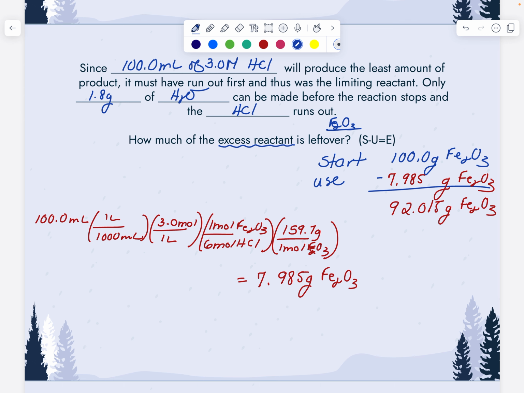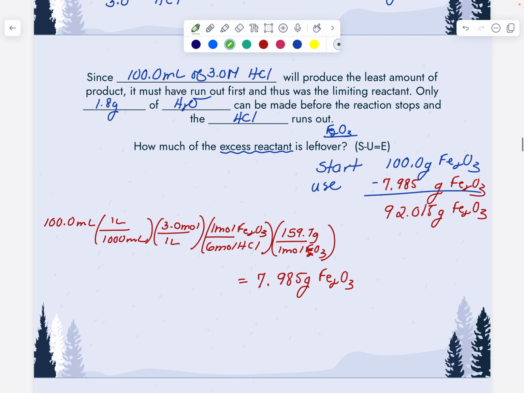Now, I haven't talked about significant figures here, but I don't round until the very end. If I look back, this is a subtraction problem, so I'm looking at decimal places. 100.0 has 1 decimal place. Looking at this problem, the numbers that count, this would be rounded to just 2 significant figures or 1 decimal place.